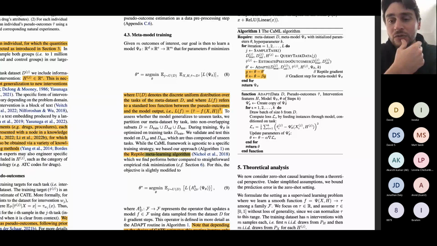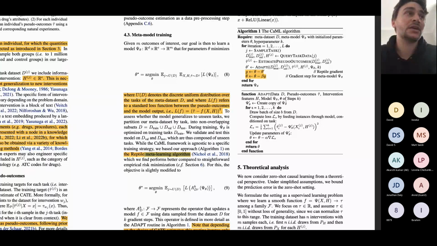The naive approach would be that you just train it as if it's the data set that you're training the model on. And so what you do is you sample a batch, you calculate your loss, you update the model, and you do that until you've gone through the entire intervention data set. And then you sample the next task and you train the model on that one. That's what I would call the naive approach.